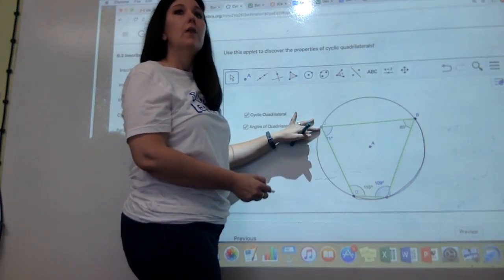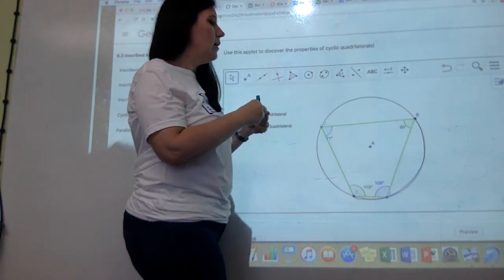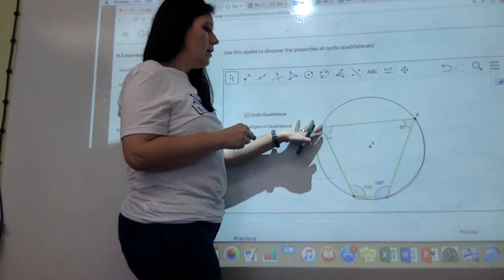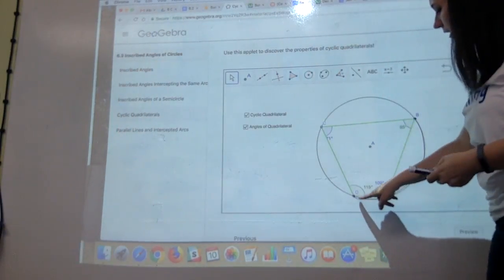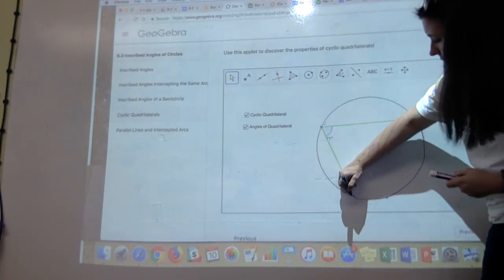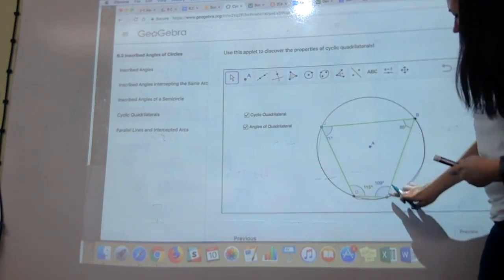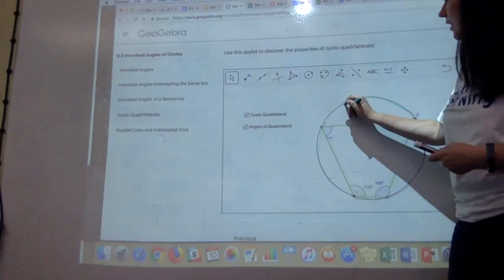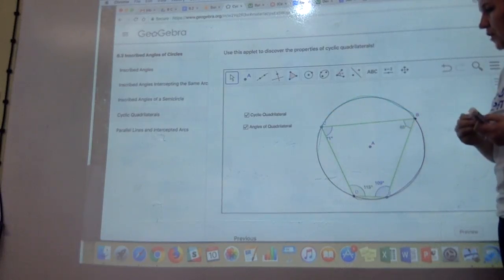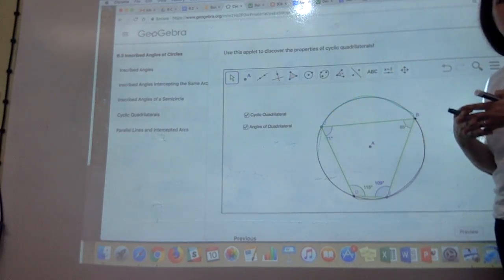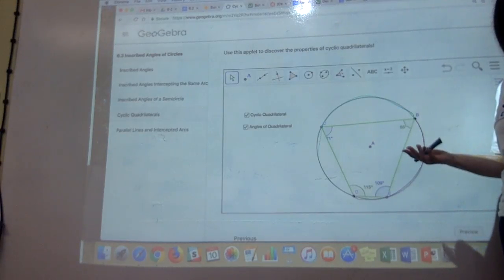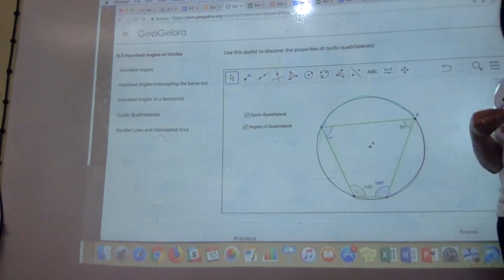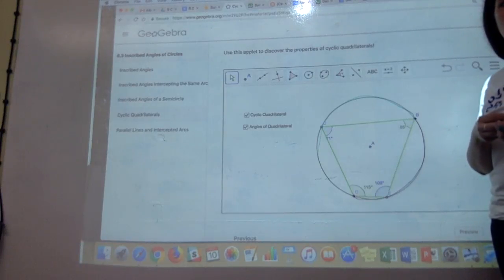From that starting point, we're going to these two, and then from E you're going to D. Now the angle that's opposite is here. If I follow E to the end, it goes from D all the way around to B. So notice the two intercepted arcs together make a full circle, which is 360, so half of that would be 180.